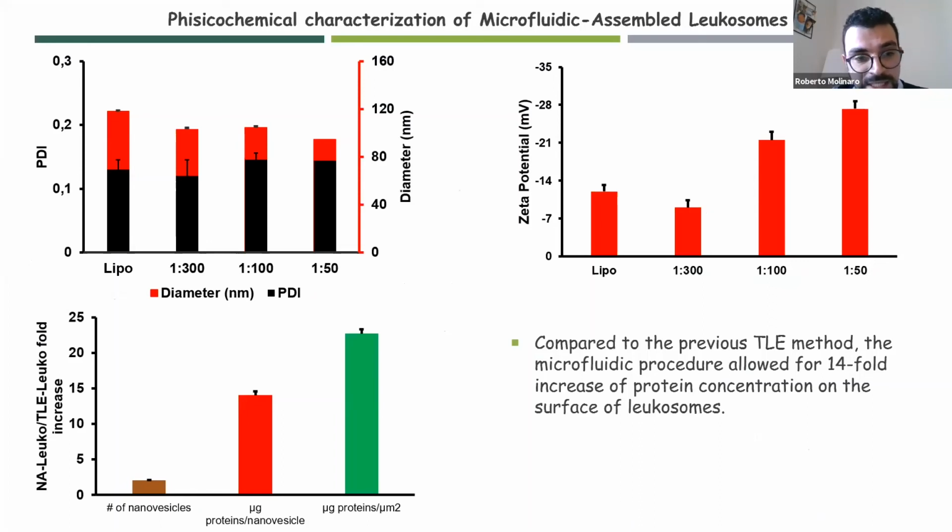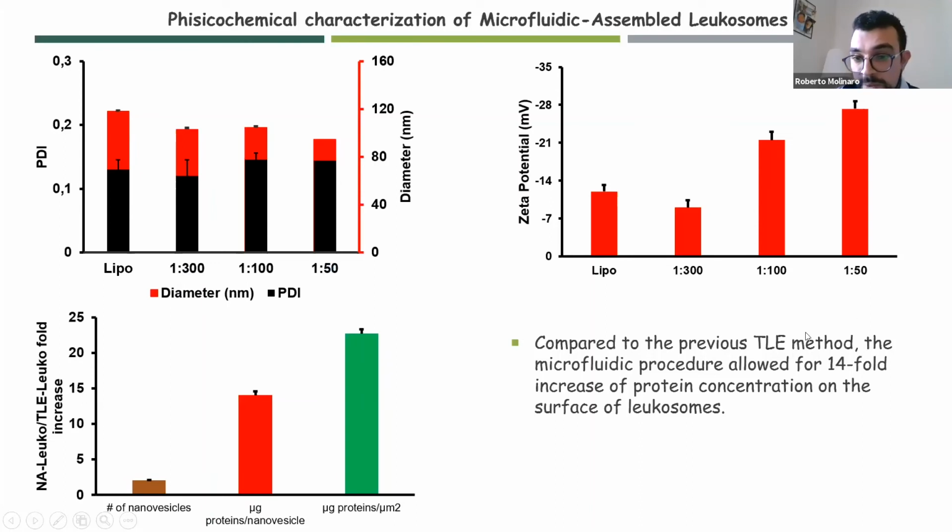At this point, we have physicochemically characterized these microfluidic assembled leukosomes and compared them to the previous ones, which were assembled using the thin layer evaporation method. What we found out was that using the microfluidic approach, we could first of all increase the protein to lipid ratio from 1 to 300 to 1 to 50.